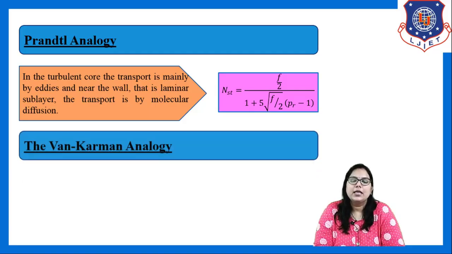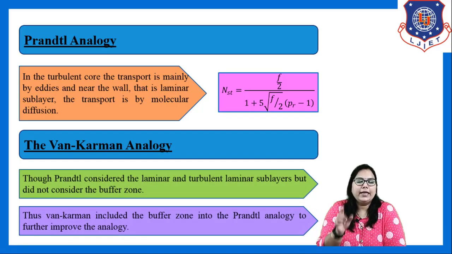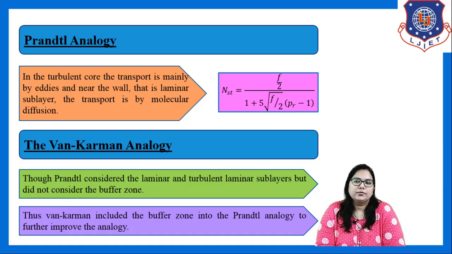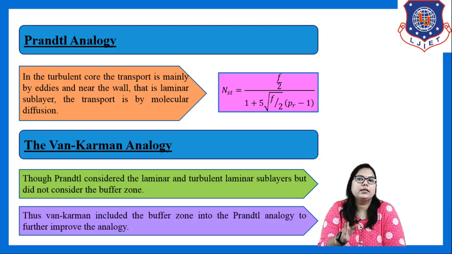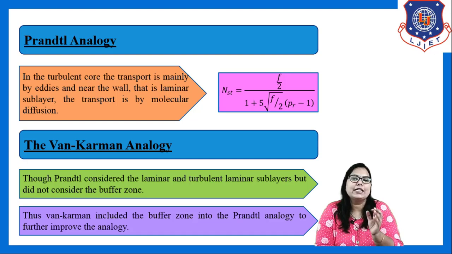And the last is the Van Karman analogy. The Van Karman analogy is modified from the Prandtl analogy. When the Prandtl analogy was derived, it considered only the laminar and turbulent sublayers, but did not consider the buffer zone. So the buffer zone is considered in the Van Karman analogy.